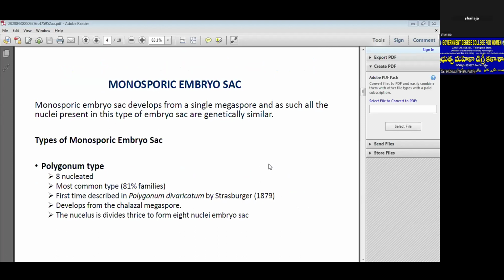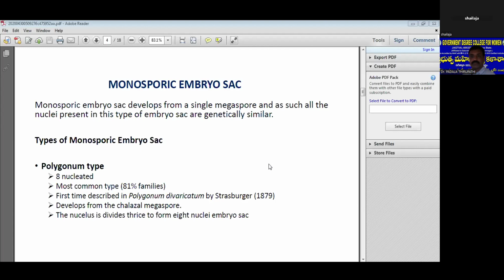Monosporic embryo sacs are of two types: monosporic eight-nucleate or Polygonum type, and the Oenothera type of embryo sac. Two types are there. So what is in the Polygonum type?